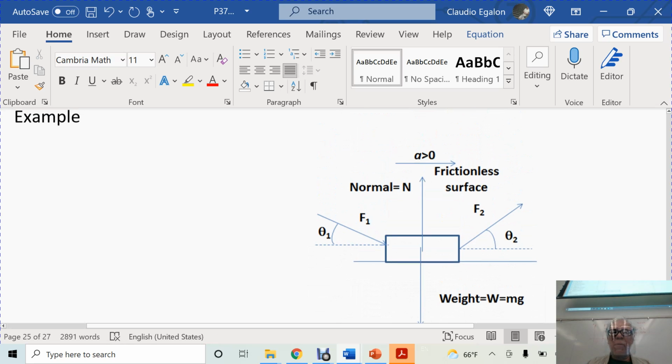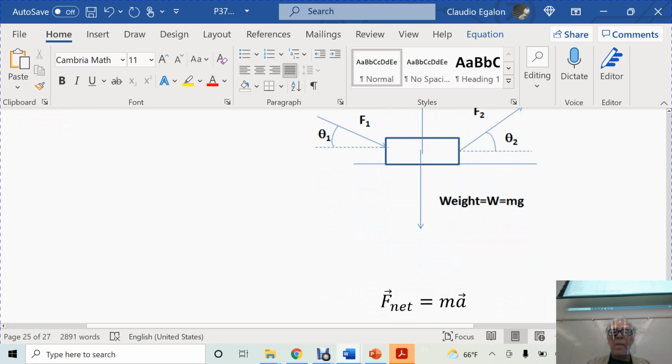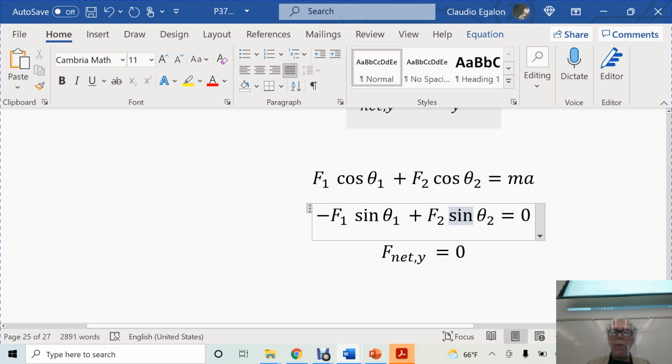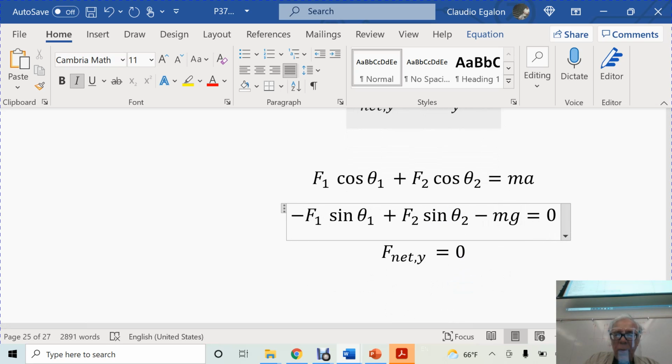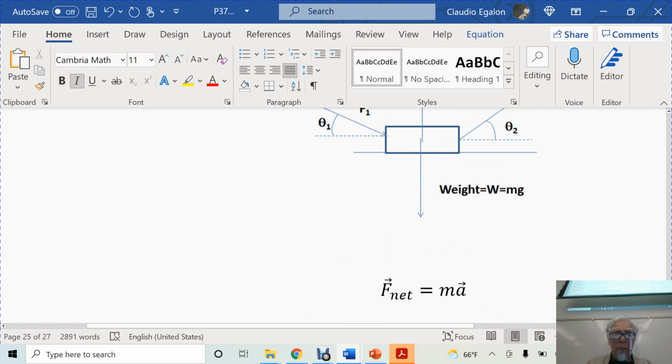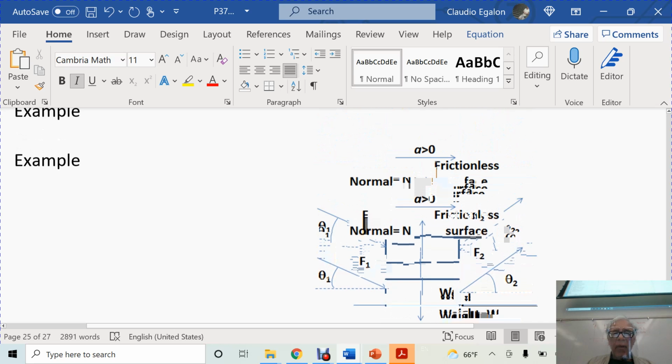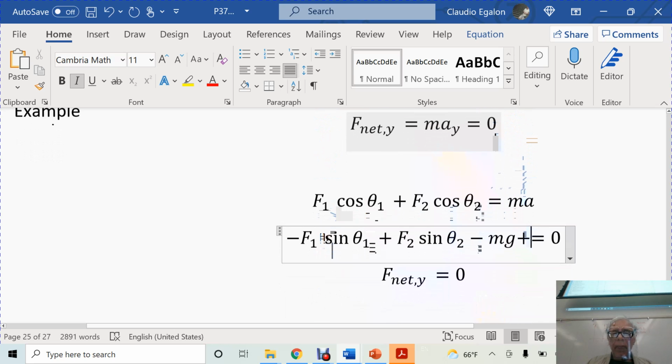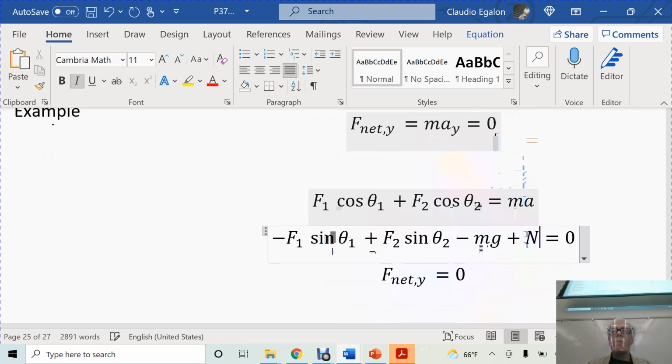And we're going to have also minus mg, which is downwards. And then we have what? Plus N, bigger, like that. That's going to be 0.